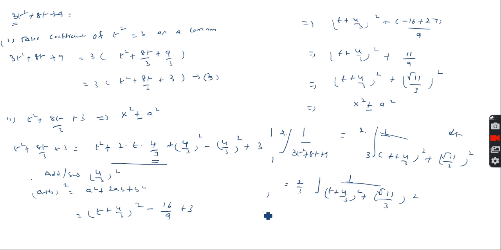So what is the form? The form is 1 by x square plus a square, that is 1 by a tan inverse of x by a.